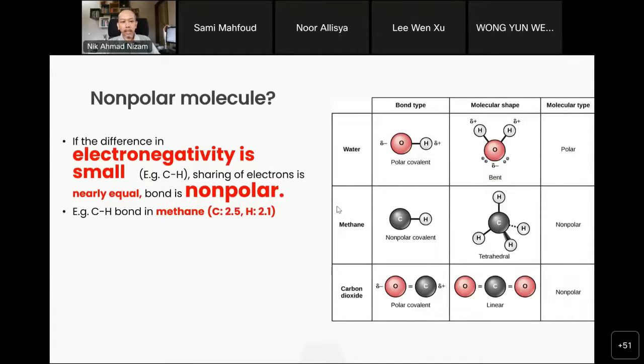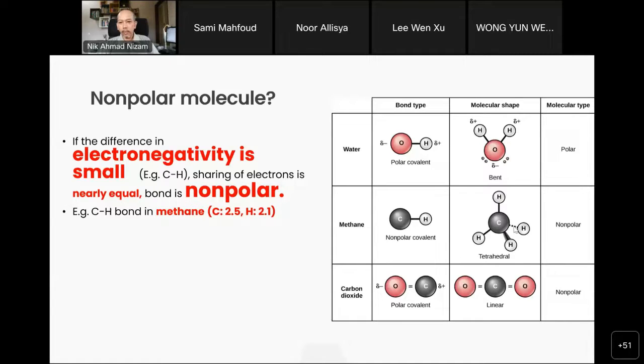For example, like methane here, C-H in the methane. So here is the molecule of methane. It contains C with 4 H.